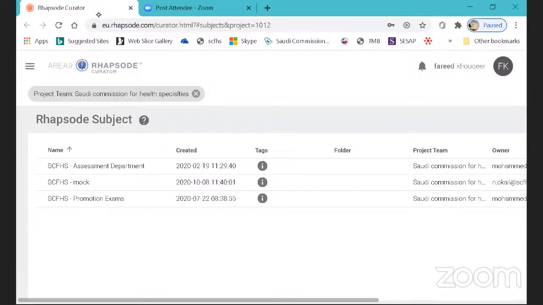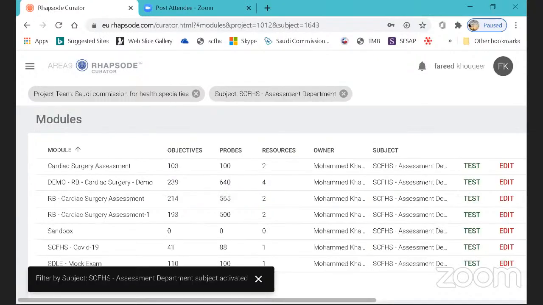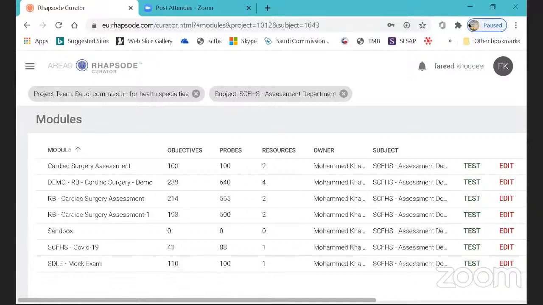Now I don't see them, so I may not be able to tell you the whole story about this, but I'm going to go through the assessment department and see if I see anything familiar there. Again, it's as new for me as it is for you guys, so let's work it out slowly. All right, so we have assessment, cardiac surgery assessment.